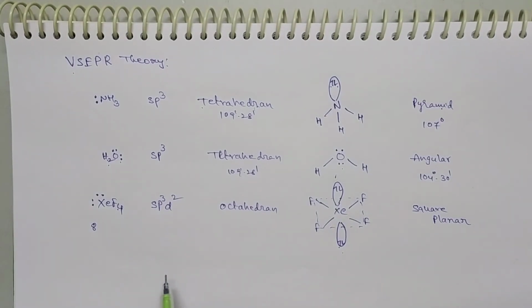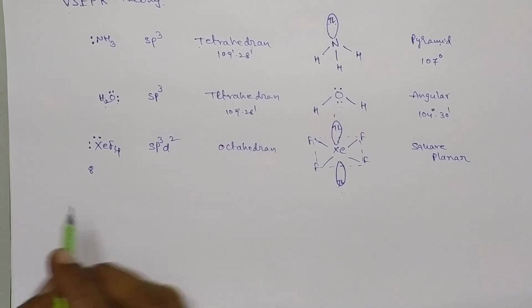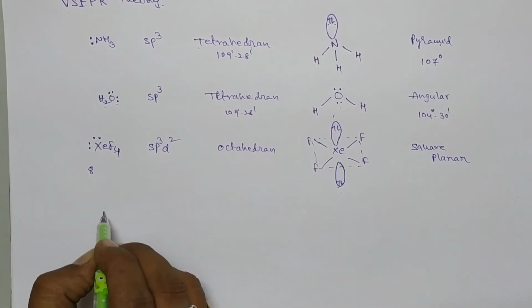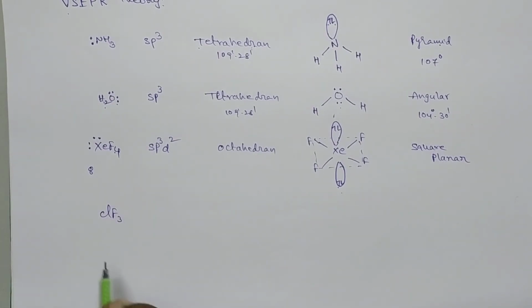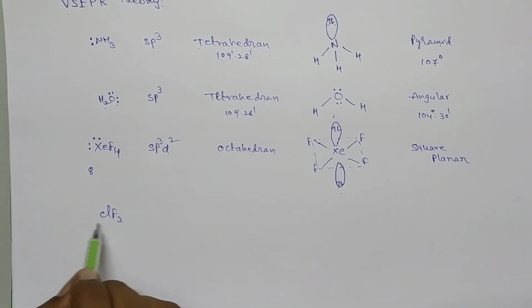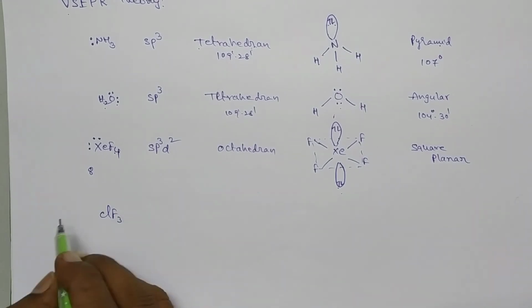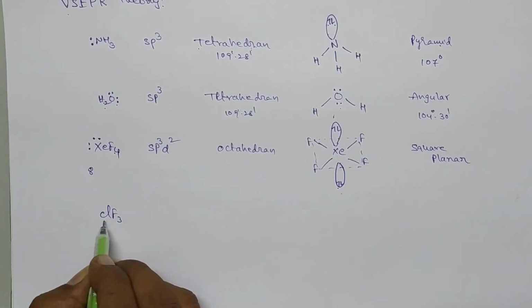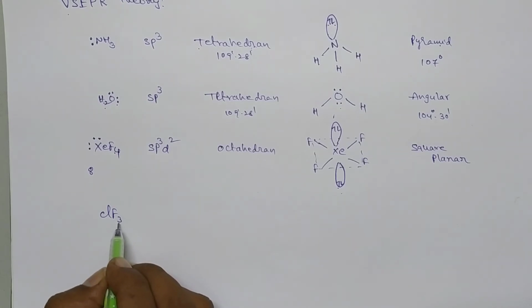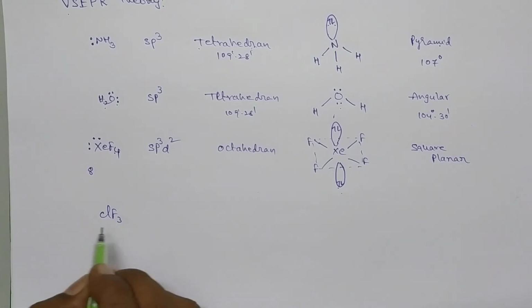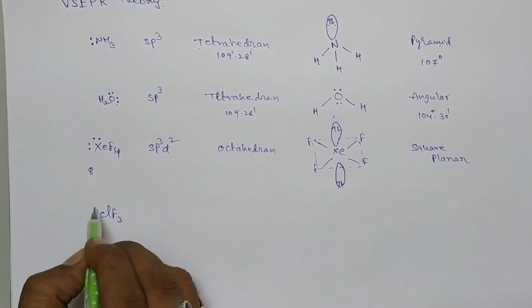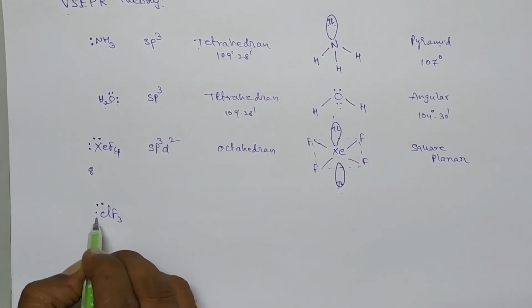And next one, ClF3, which is one of the interhalogen compounds. Chlorine has 7 valence electrons. Among these 7 electrons, 3 electrons form bonds with 3 fluorine atoms, and the remaining 4 electrons will be present as lone pairs like this.